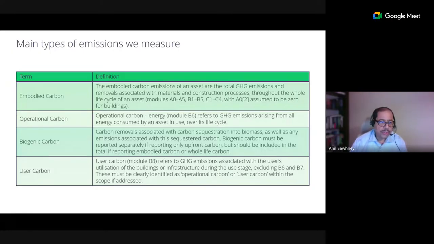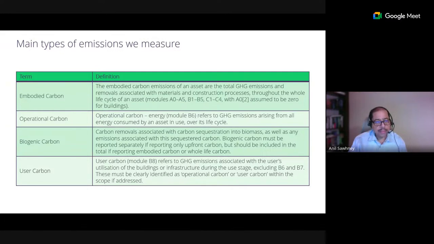The embodied emissions are, from a project or an asset, the total GHG emissions, measured in CO2 equivalent, the emissions and removals associated with materials and construction processes. So all emissions related to the product manufacture and construction processes are called embodied carbon.